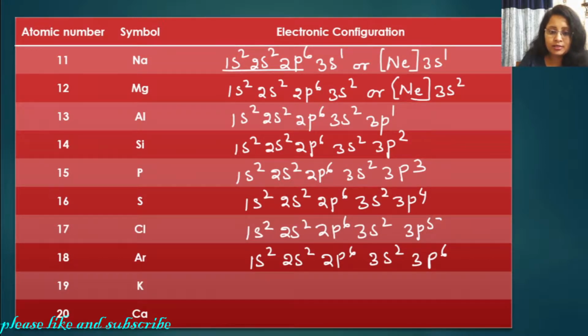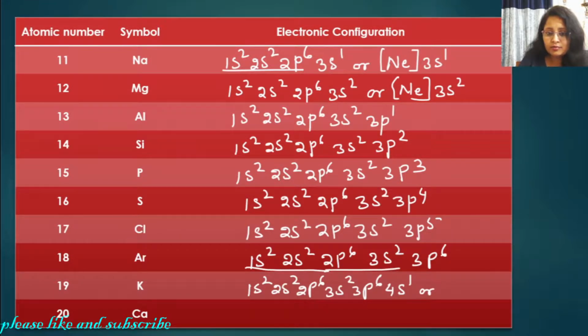Like in potassium, we will write 1s2, 2s2, 2p6, 3s2, 3p6 and then 4s1. See. Or we can write one more thing, the same. In argon, we have this much, and again this much is the same.